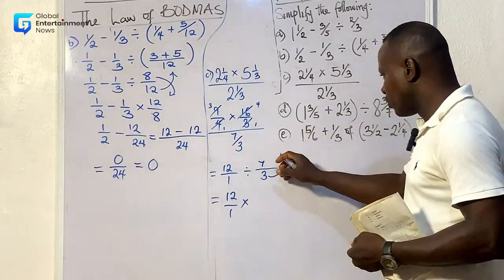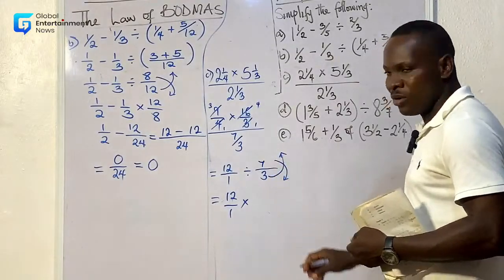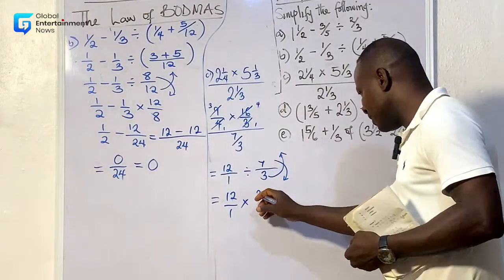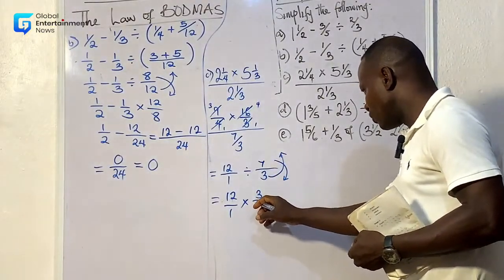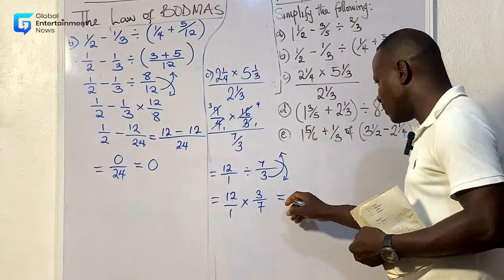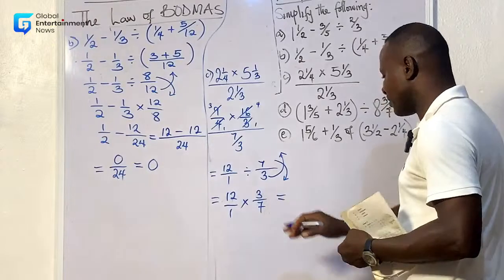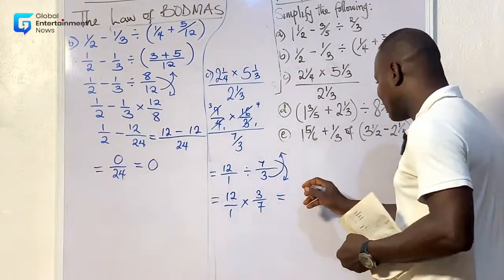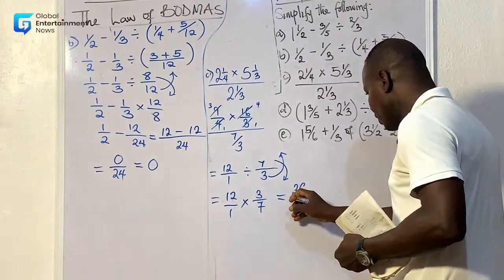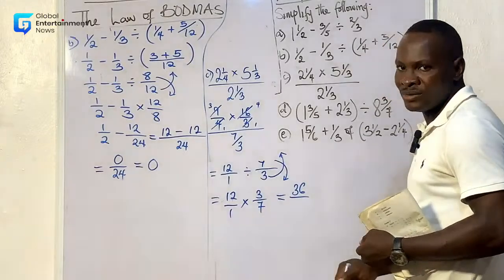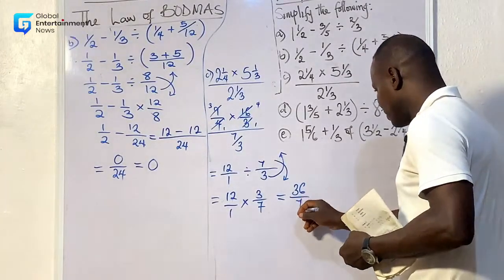That is times. What is going to happen? The denominator will go up and the numerator will come down. It will now be what? 3 all over what? All over 7. So what do we have here now? 12 times 3 is what? That is 36 all over 7 times 1 is what? Is 7.